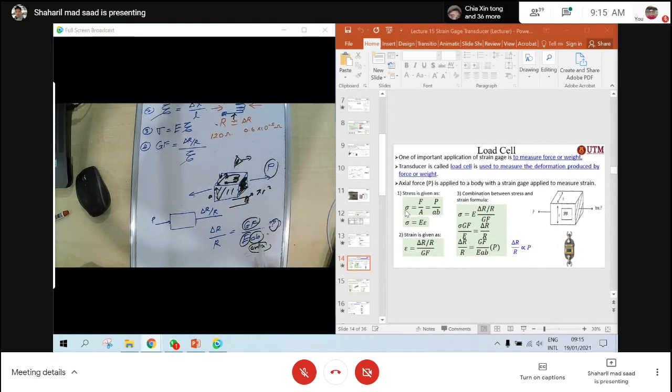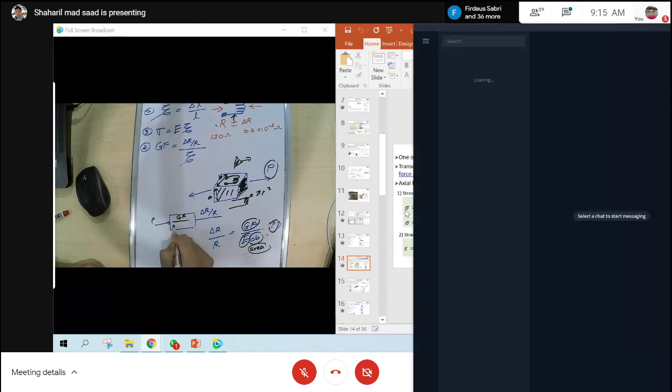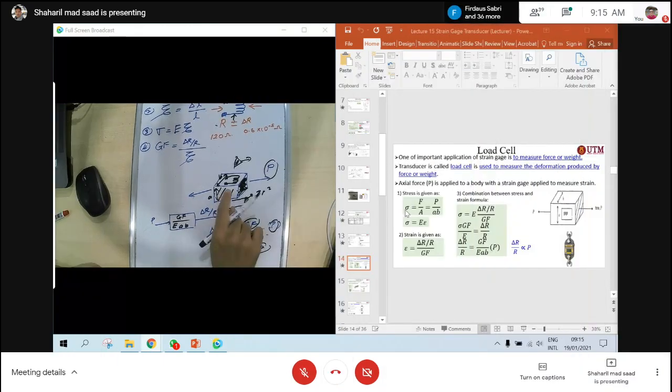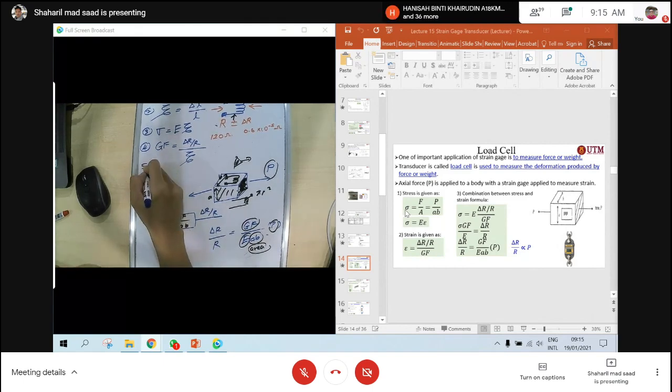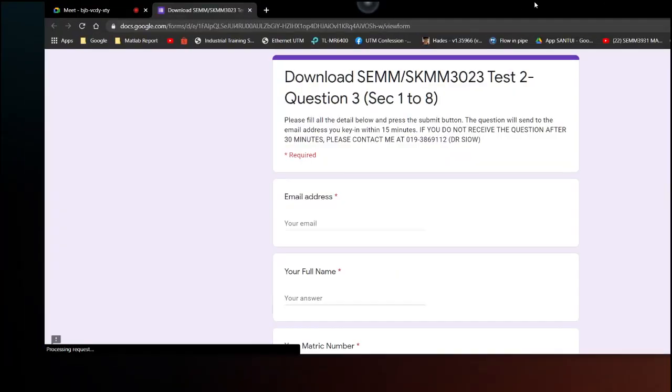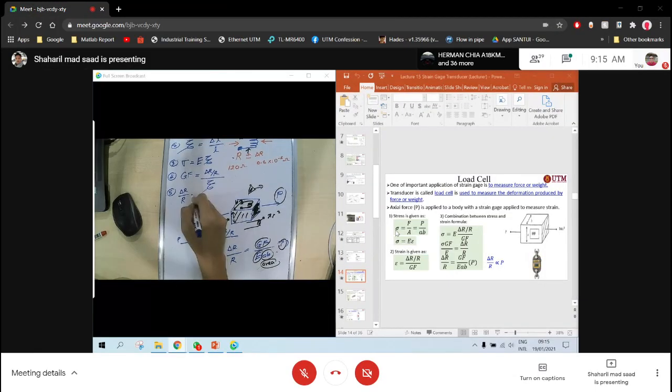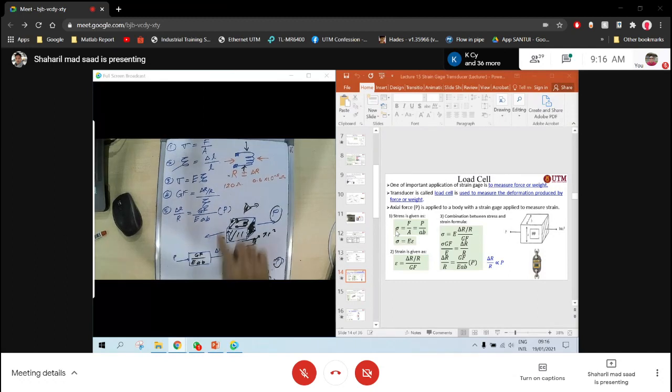Okay, alright, so this one we give you the block diagram: GF divided by EAB. If you apply a square object, so formula number 5, delta R over R is equal to GF over EAB times P. Okay, so this one is the load cell. We call it a load cell, and you apply it. All right. Okay, done.